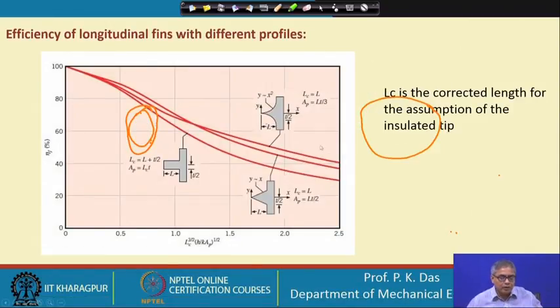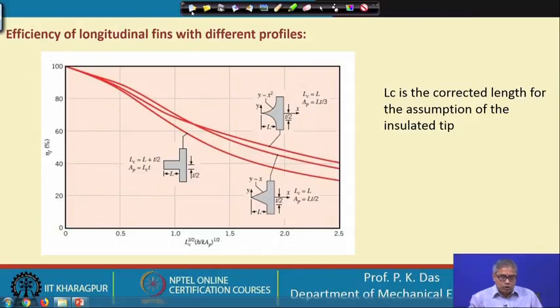So, here I have shown how the fin efficiency will vary with some sort of a geometrical and thermogeometrical parameter for different kinds of fins. Only longitudinal fin analysis I have shown, but other fins can be analyzed.